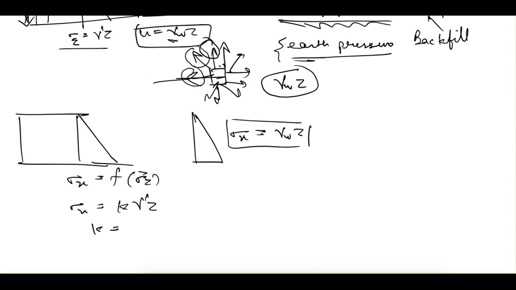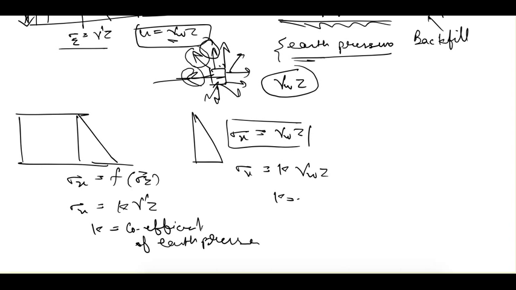Here k is the coefficient of earth pressure. In the case of water, if we write k into gamma w into z, here k is equal to 1. So in case of water, the stresses in all directions are the same, whereas in case of soil, the stresses are not the same.